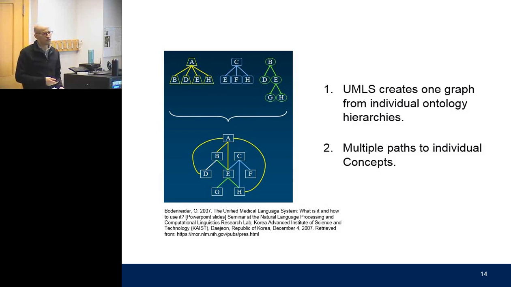Depending on what your use is for UMLS in terms of how granular or coarse you might need a particular set of terms to be in an application that you're developing, you can see how by creating one graph from these individual trees, you would have the option, theoretically, to use terms at a more coarse level, like A is related to H, or you could use terms in between at a much finer grained level with all of the steps there between A and H.